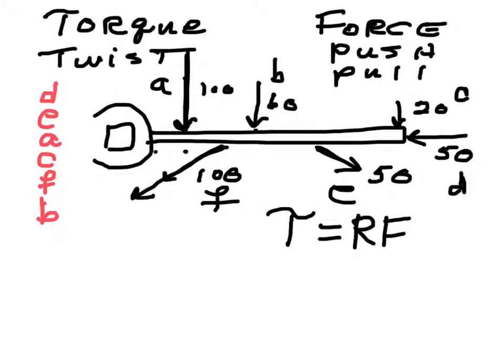So in the torque equation, we want to take the sine of the angle between the r vector and the f vector. So the angle between the r and the f. So in this case, here's the r, the distance from the axis to where the force is applied. Here's the f, and so this would be the angle theta for this.